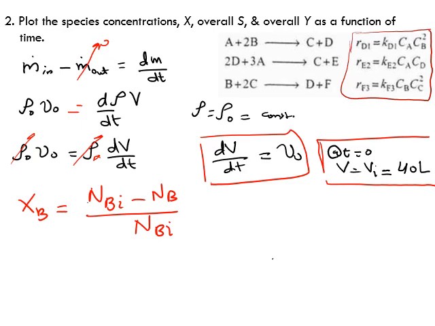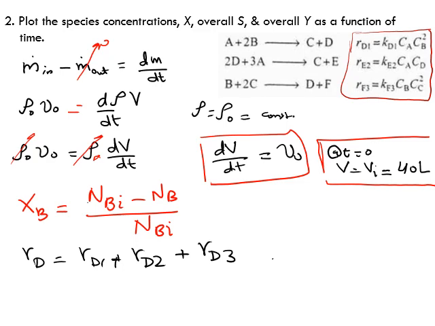Step number 3 is related to stoichiometry. What do we need in the stoichiometry? Well, first of all, we need to write all the net rates of reactions. For instance, we already wrote for D, RD equals RD1 plus RD2 plus RD3, right?